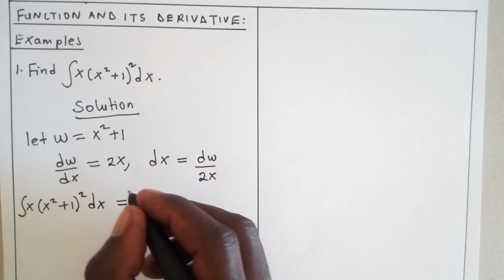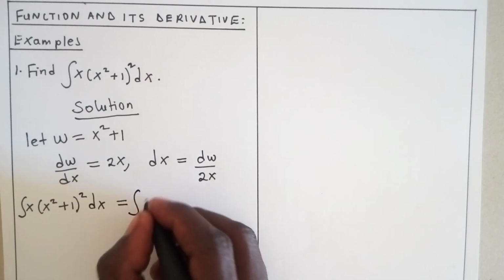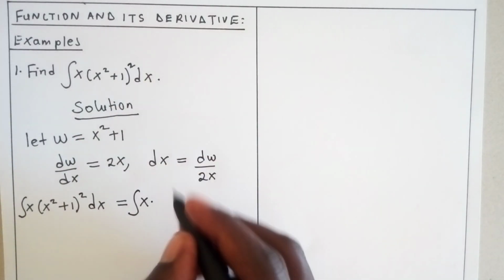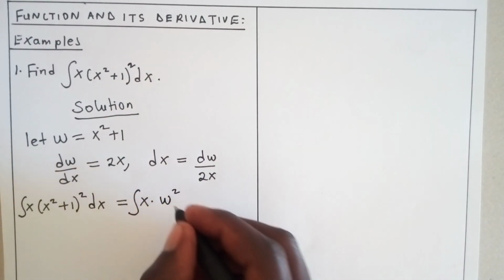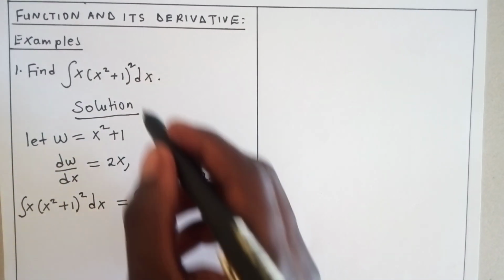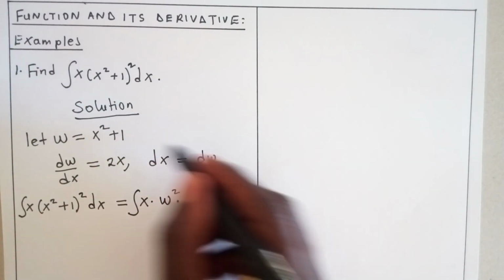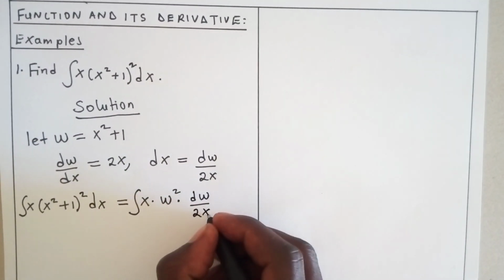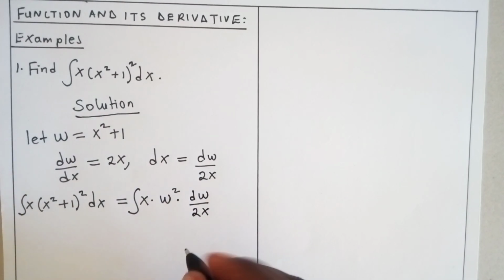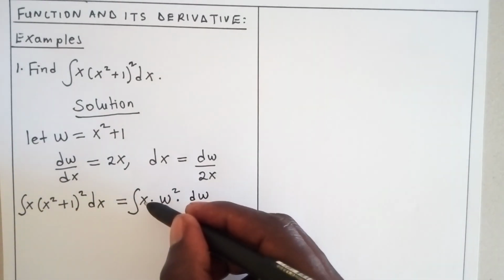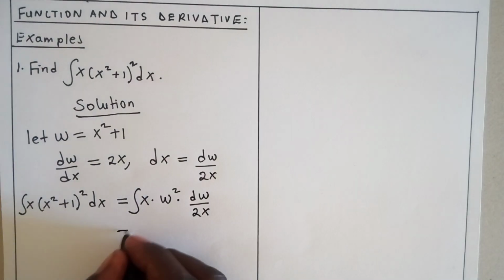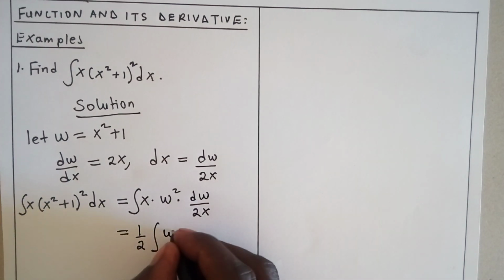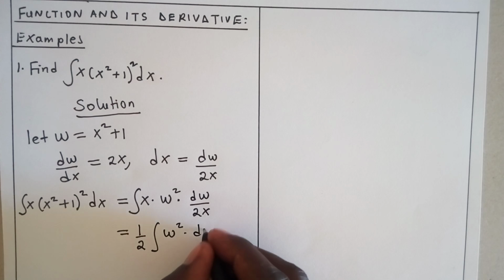Substituting here, we shall have the integral of x times what is in the bracket, which is now w squared, times dx, which we substitute with dw over 2x. After that, we realize that the x and the x will cancel. So we shall have 1 over 2 times the integral of w squared dw.